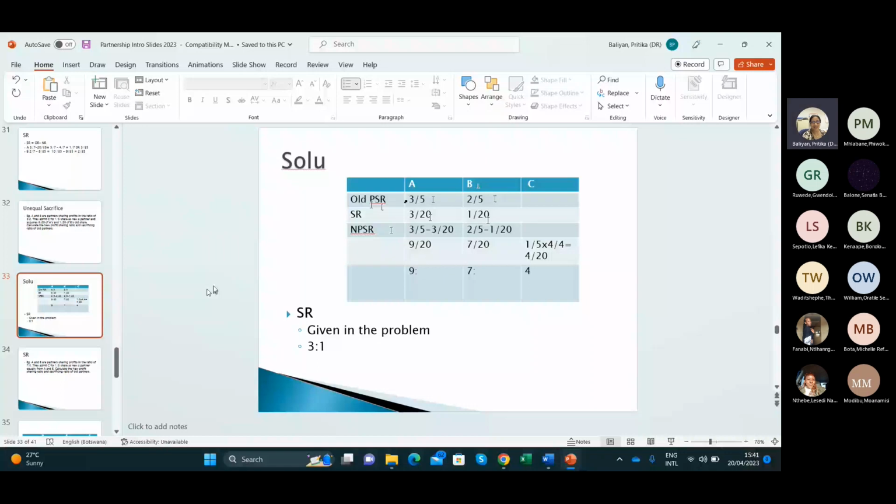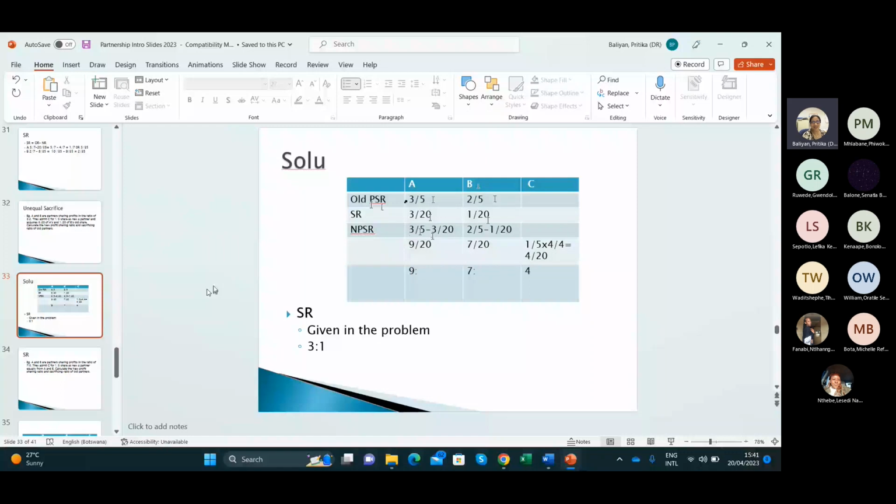So 3/5 minus 3/20. You know how to calculate fractions in mathematics. Yes? Do you know how to deal with fractions? Yes. Okay. So you have to first change to the same denominator when you are subtracting.